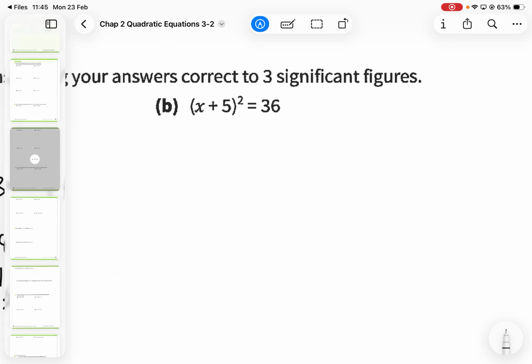Finish this. Oh. Correct. This one is correct. Yes, should be correct.